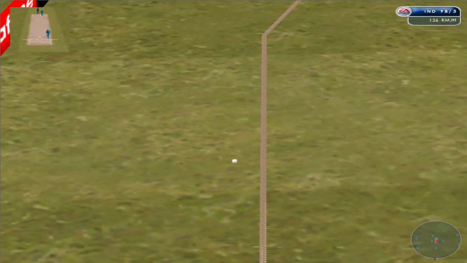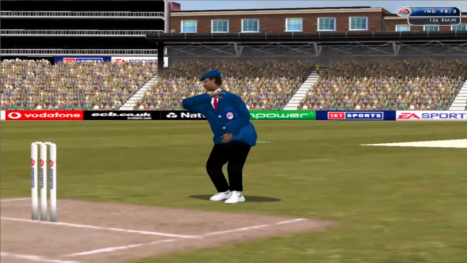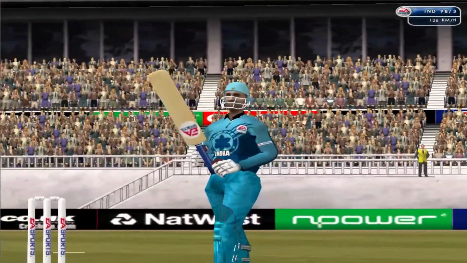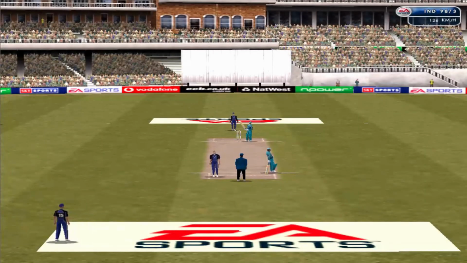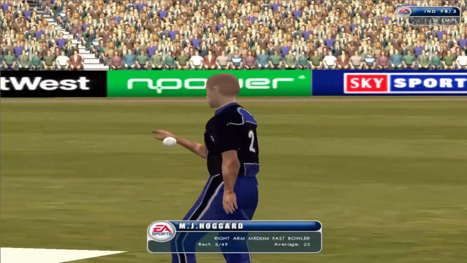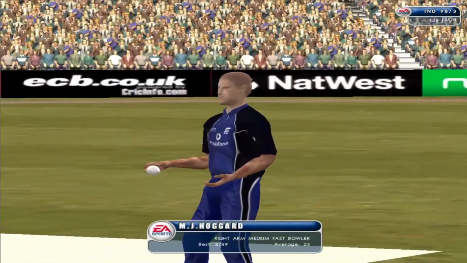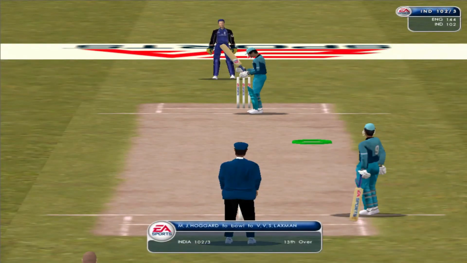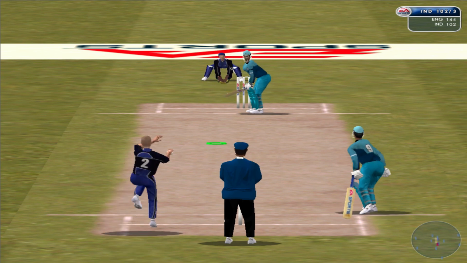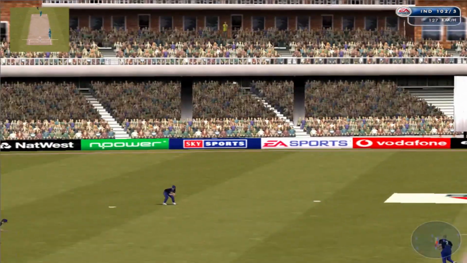It's high in the air. The crowd were brought to their feet by that shot. Well, it was in the air, but there's no one there. No risk. That moves the score into 3 figures for India. There it goes.